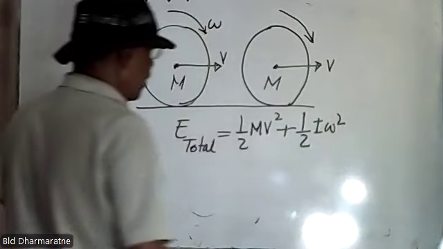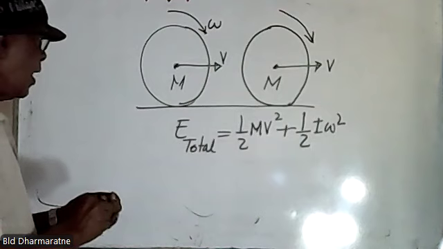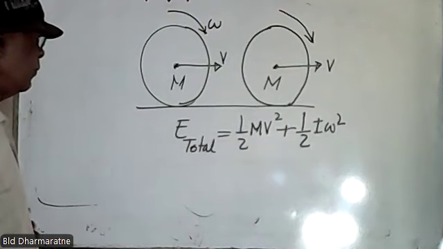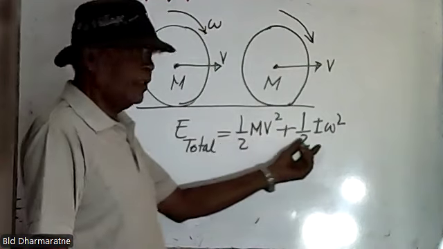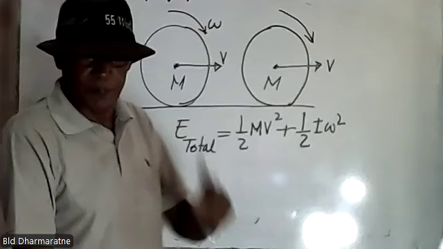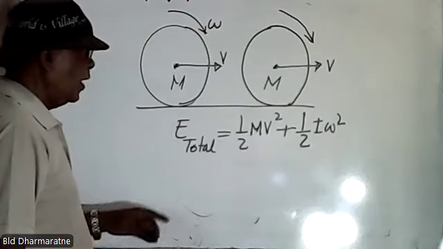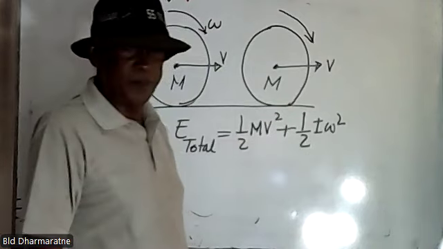This is the equation of the rolling body's total energy. There are two types of kinetic energy: the linear type, half m v squared, and the other, half I omega squared. Total energy equals half m v squared plus half I omega squared.